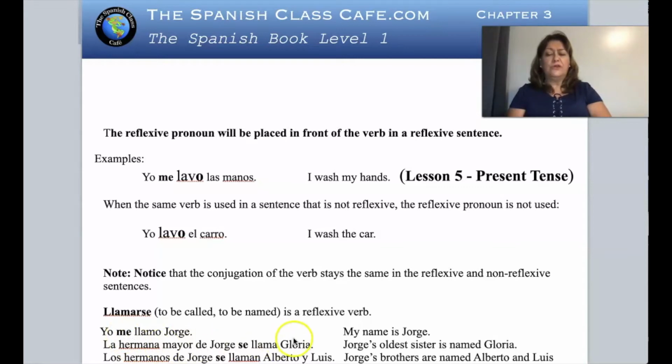When you talk about other people's names, like my sister, la hermana mayor, or the older sister of George, she calls herself Gloria. Now why do we have se? Because the sister is in the third position, she.